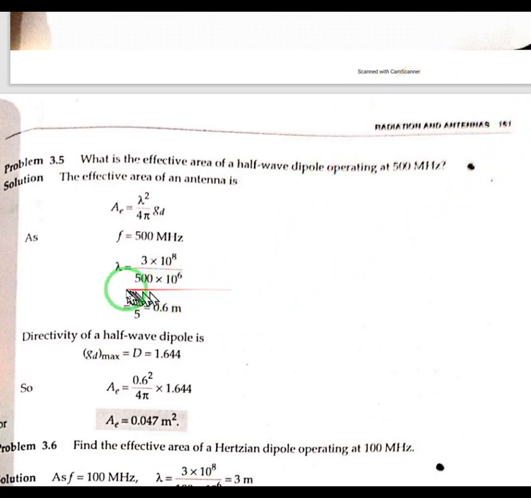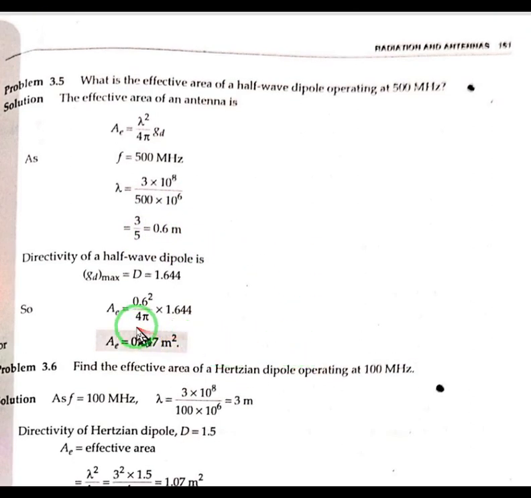Here we first find the lambda. Lambda is equal to c by f, that is c, the velocity of light, divided by the frequency at which the antenna is operating. We got the wavelength, that is 0.6 meters. Then we have the formula, lambda square over 4 pi GD.